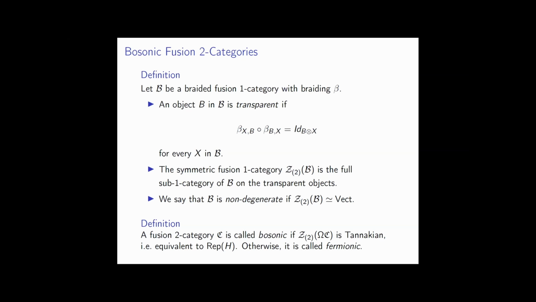So the fusion two category C I will call bosonic if, remember, the loops of C is now a braided fusion one category. And in particular, I can take its symmetric center as in this definition above. So now I have a symmetric fusion one category. And it turns out that symmetric fusion categories, by the theorem of Deligne, are either Tannakian, meaning they are equivalent to Rep H for some finite group H, or they are not Tannakian. C is bosonic if this thing is Tannakian, and otherwise it's called fermionic.